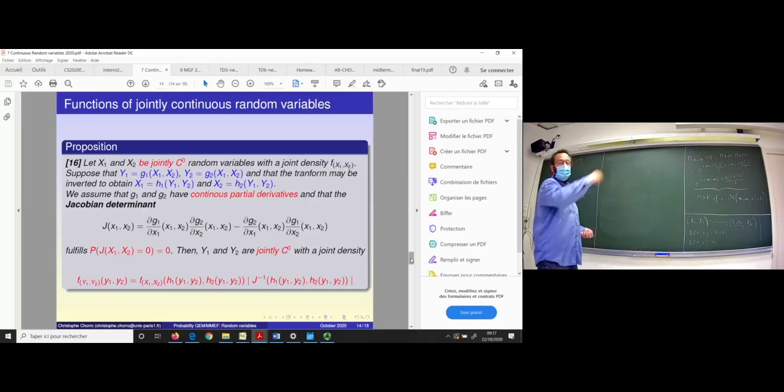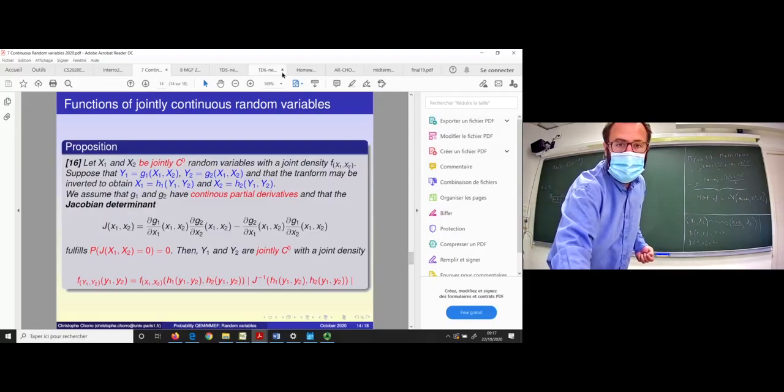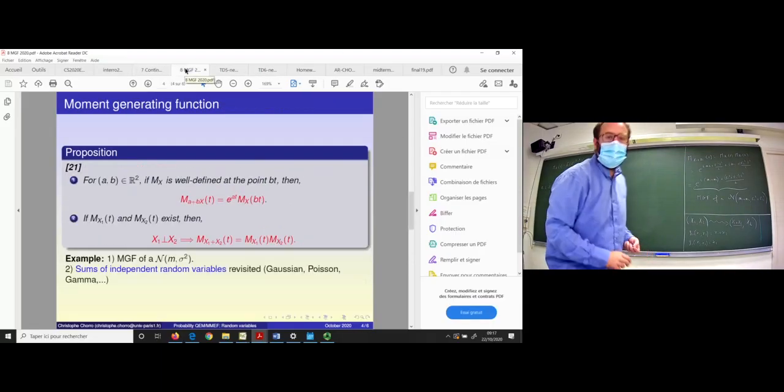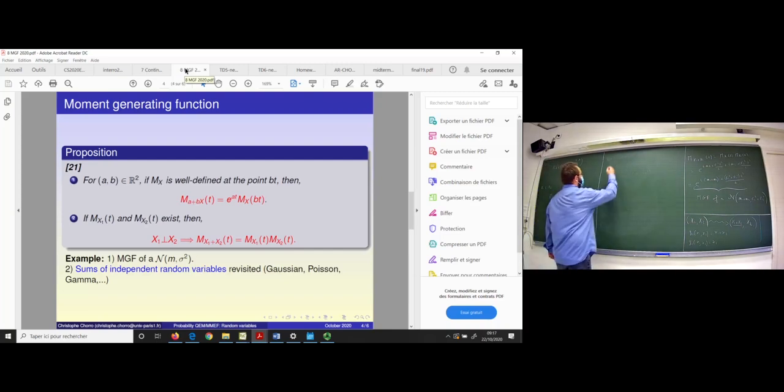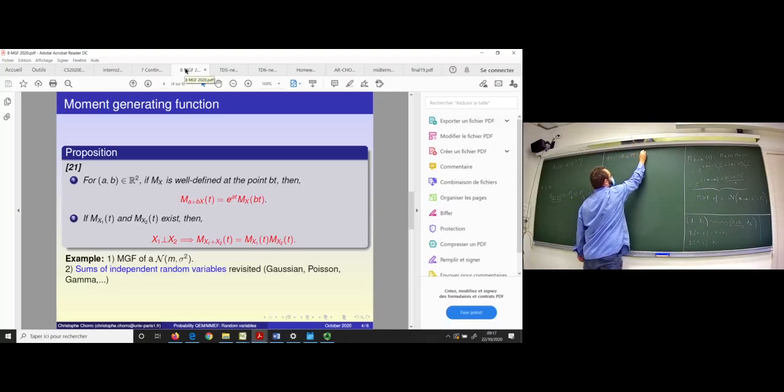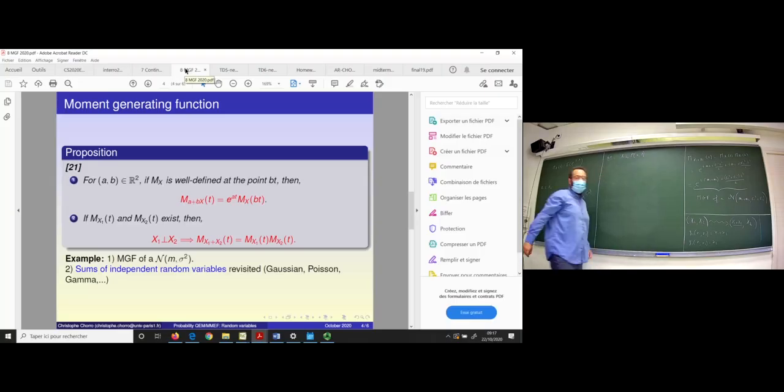So it's an example following this proposition: the sum of gammas. I consider the statement, the example. I consider X1 that follows the gamma(A, lambda).